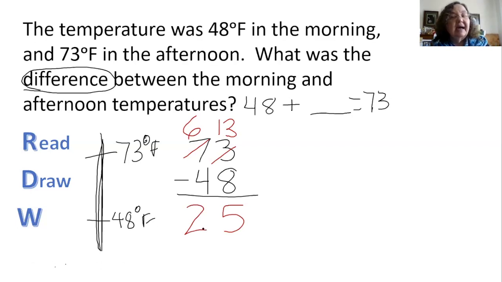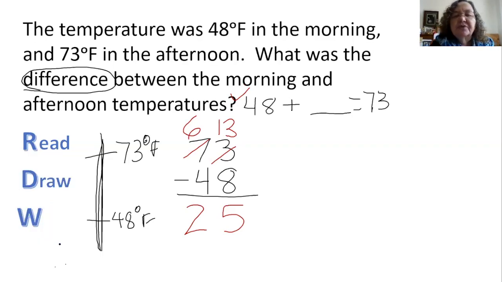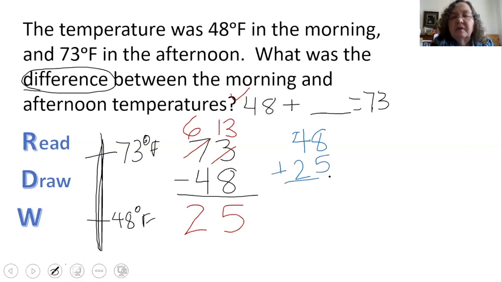But you know what? I like to check it. And I could check it using the addition problem. But this time I'm going to put that 25 with the 48. So let's check it this way. And we'll say 48, because that's what we had up here, plus 25. And 8 plus 5 is 13.